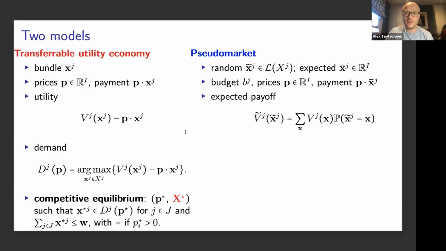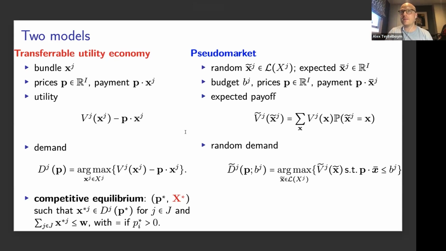payoff from the lottery. And your random demand is going to be the following correspondence. It will be the set, so given competitive prices, and now also given the budget, right? So you need to specify what the budget is. It is going to be the set of lotteries that are going to maximize your expected payoff, subject to your payment not exceeding the budget.